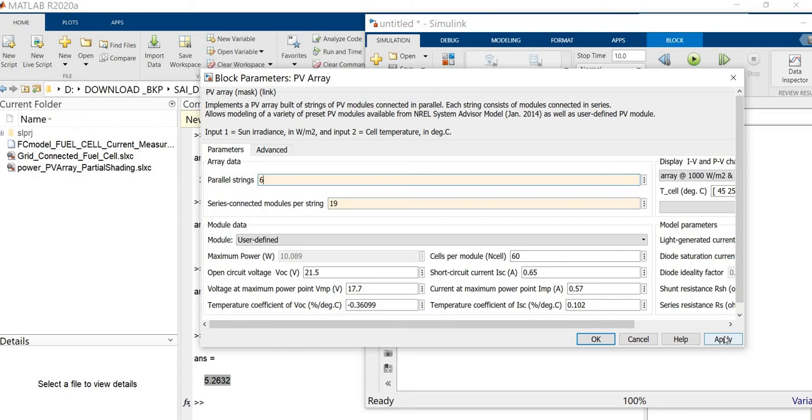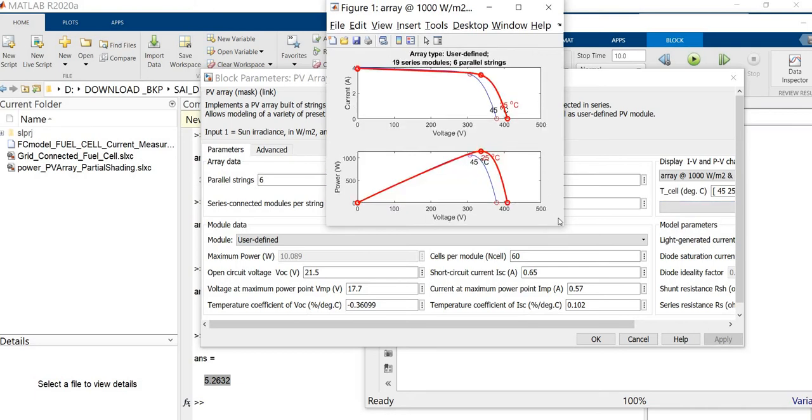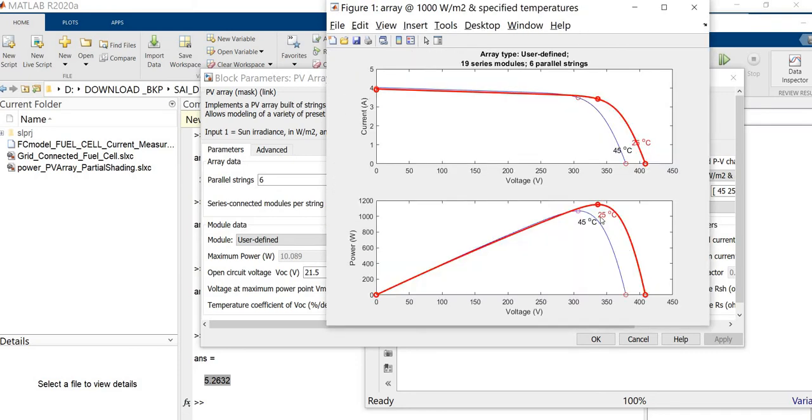Now I am going to apply this value and test it. We are going to check the PV curve. Here we obtain the PV curve, and the voltage is 336.3 at a power of 1150 watts.